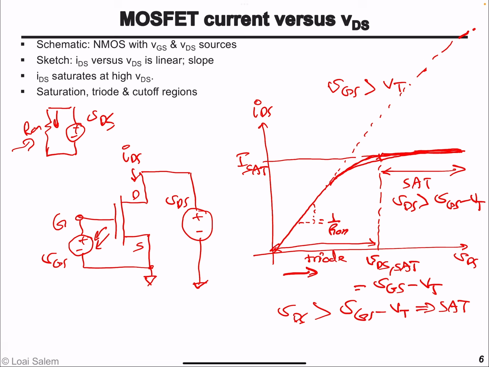To be more specific, the region where the transistor behaves exactly as a resistor and essentially its current increases linearly with the voltage that's applied. So in this region, as you can see, the current is a straight line. Here it starts to curve and saturate, right? So in this region, where the current is linearly proportional to the drain to source voltage, is called deep triode region. Deep triode.